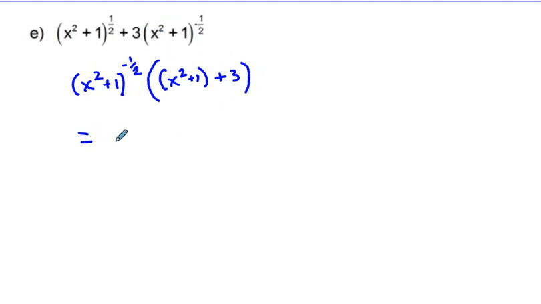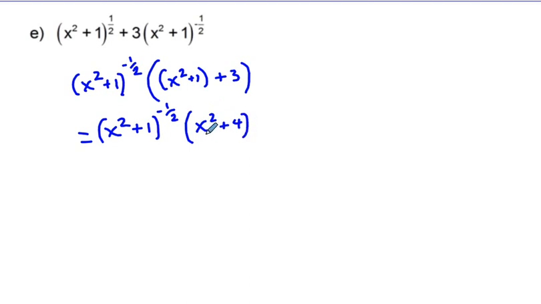So we're going to end up with x squared plus 1 to the negative 1/2 power times x squared plus 4.